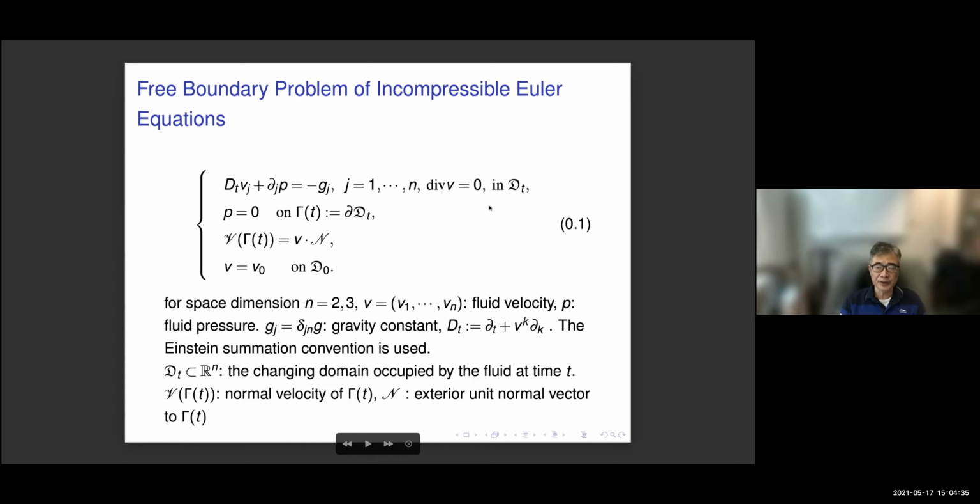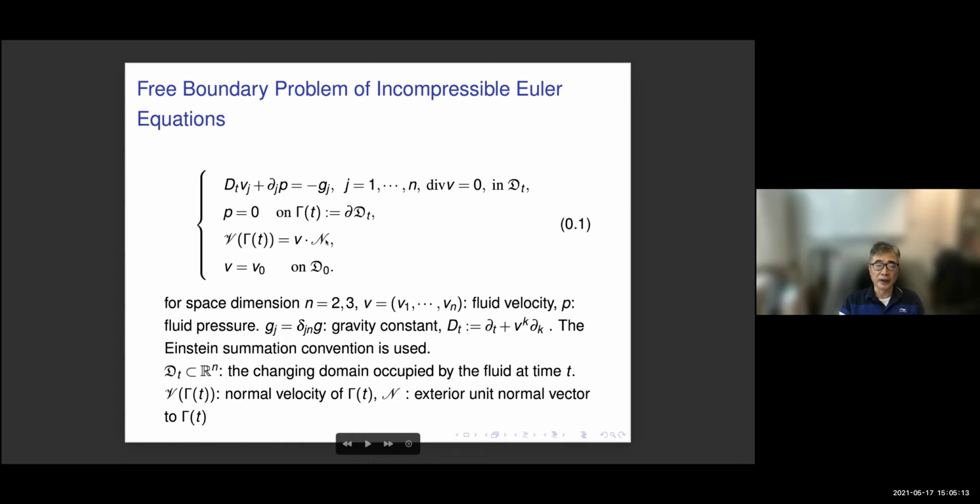Here the unknowns are the fluid domain D_t, and also the fluid variables v and p. D_t is the changing domain occupied by the fluid at time t, and Γ_t is the boundary of the domain, and V(Γ_t) is the normal velocity of the boundary.